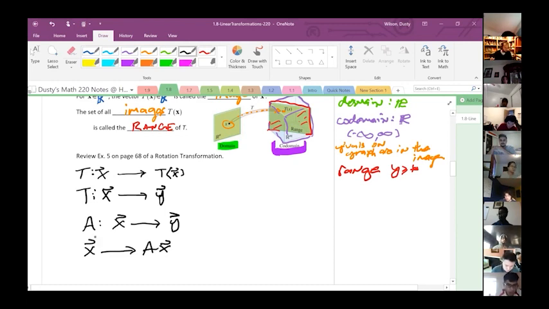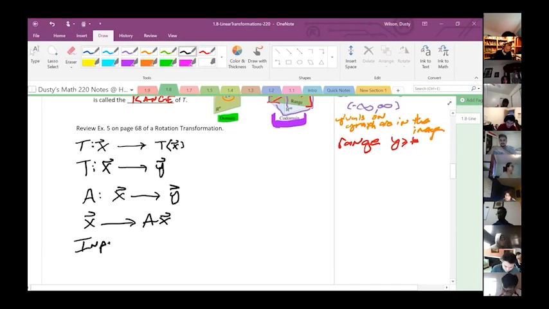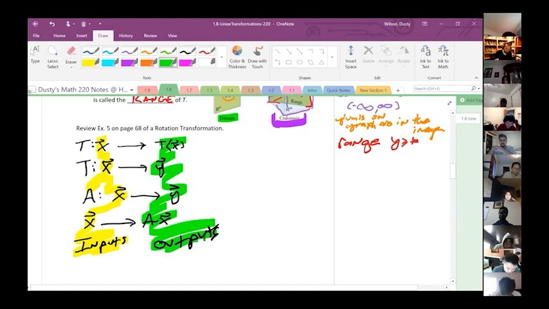What's in common in all these is the stuff on the left is the inputs. All this stuff is your inputs, and then you have your outputs on the other side. Those are all your outputs. And in these notations where I have the colon, what we're saying is that the T or the A, that's the name of the linear transformation.